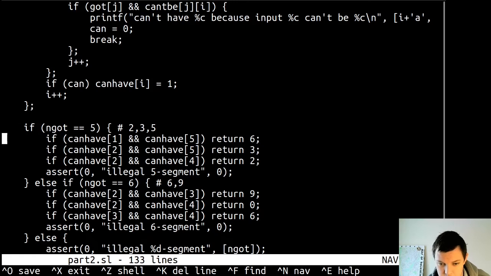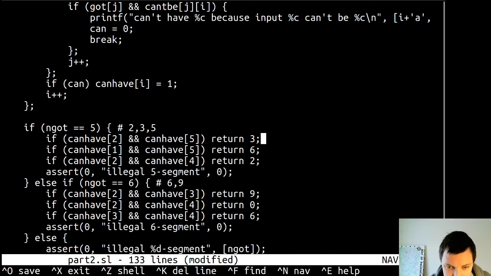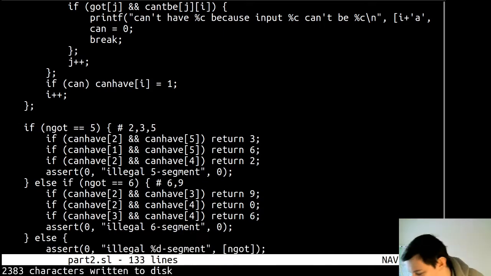We've got 2 different places that can return 6 and no places that can return 5. However, this shouldn't be 5. This should be 3. So I might just cross my fingers and move this below the 3. So that should at least fix 8394.